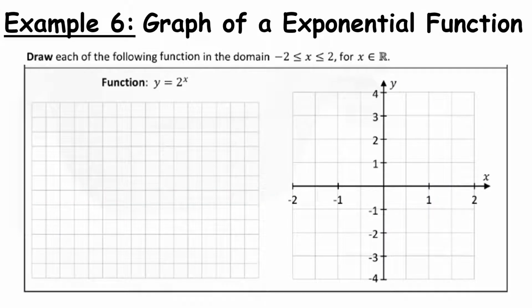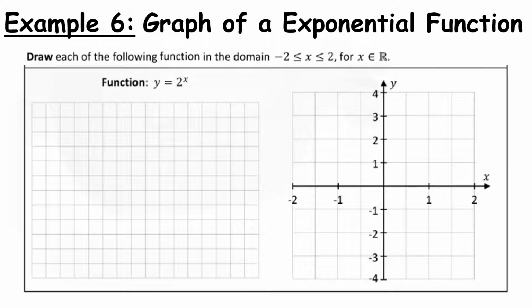So let's take an example of an exponential function that we've been asked to draw in the domain minus 2 to 2. So straight away we can recognize this as an exponential because the x, or that input or that variable, is part of the power. So if you didn't realize that was an exponential, that would not matter at all, because simply doing out our table and plotting our points, we should be able to draw the exponential function.